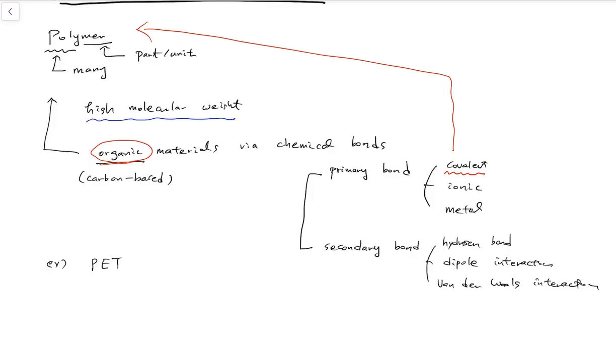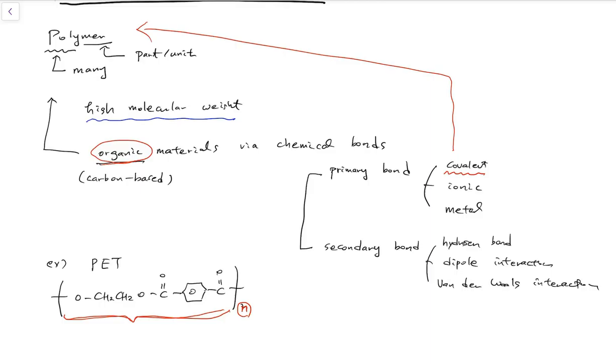Familiar to us. PET has this kind of chemical structure. Inside of this parenthesis there is a basic unit, and here is n, which means that this basic structure repeats itself n times.